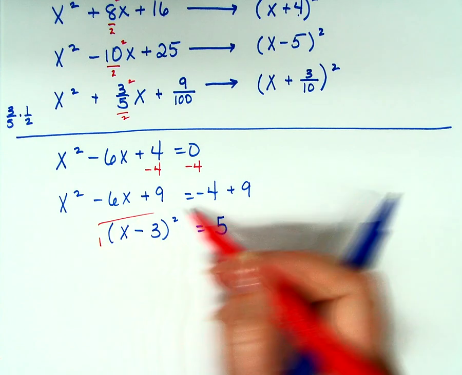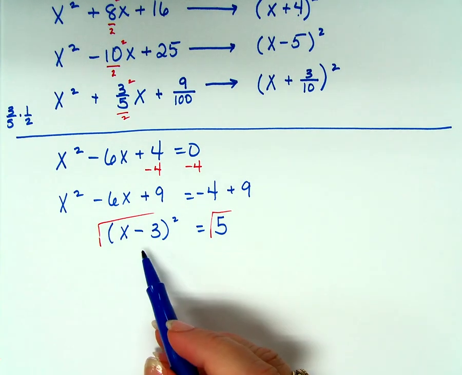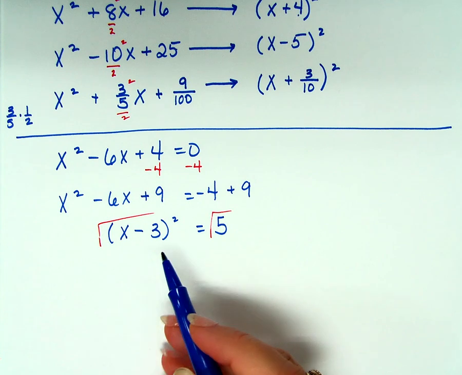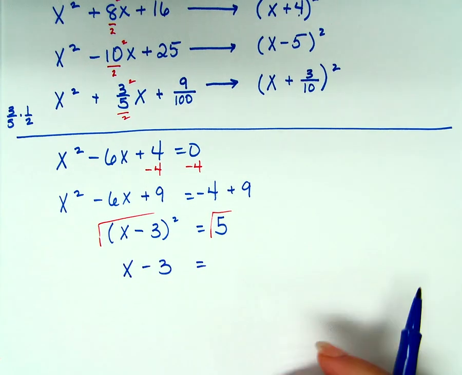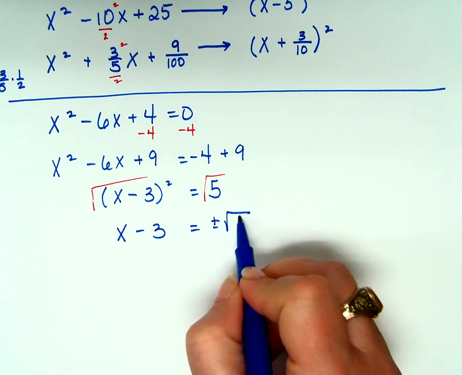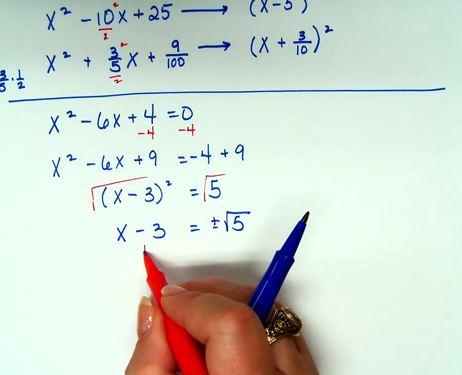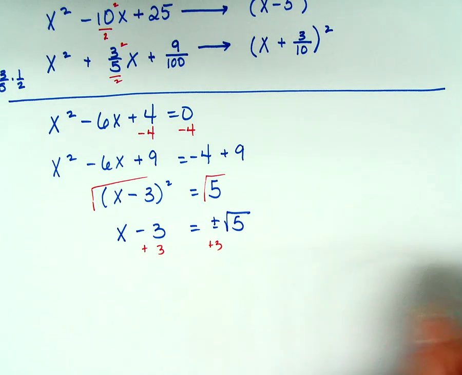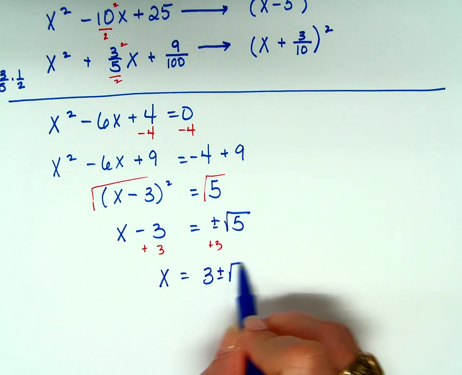Square root. What's the square root of the left-hand side of the equation? X minus 3. What is the square root of the right-hand side of the equation? Perfect. Plus or minus the square root of 5. How do I solve for x? Perfect. X equals 3 plus or minus the square root of 5.